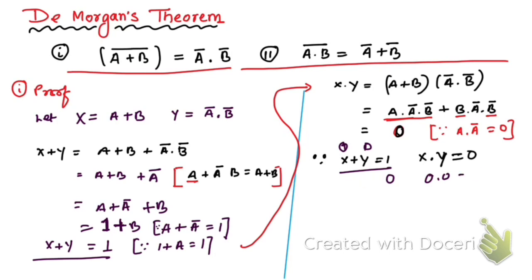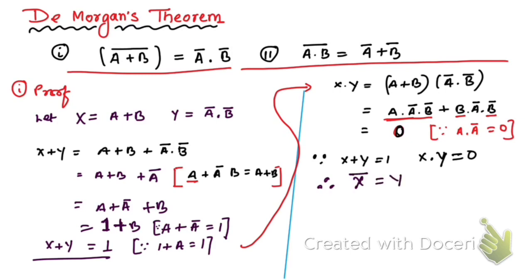So to satisfy both conditions, one of them must be 0 and another must be 1. That means one must be the complement of the other. Therefore we can say x complement is equal to y.